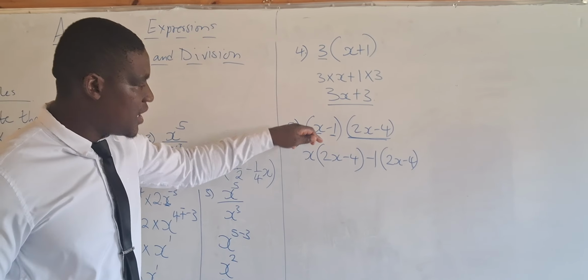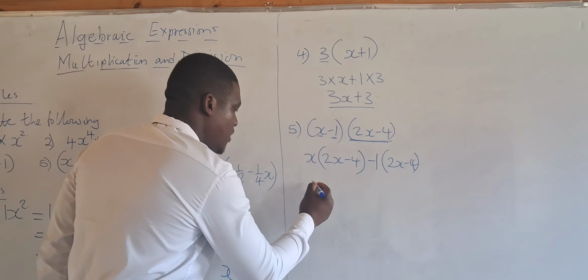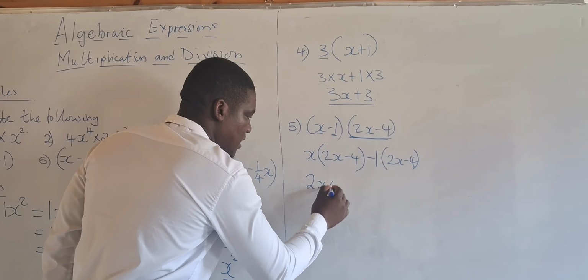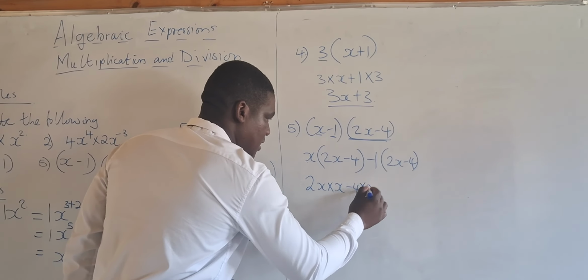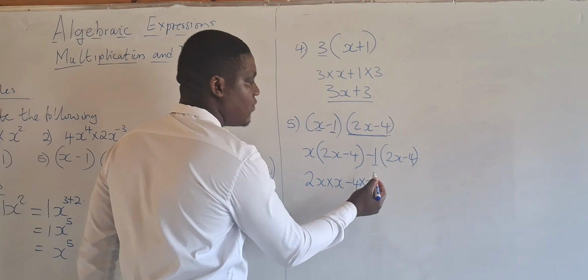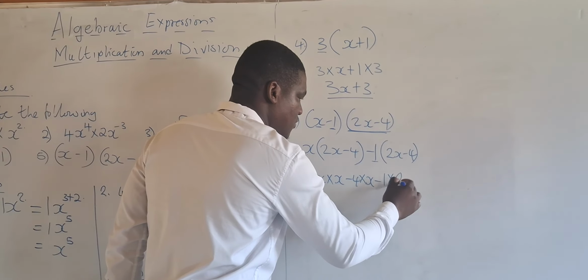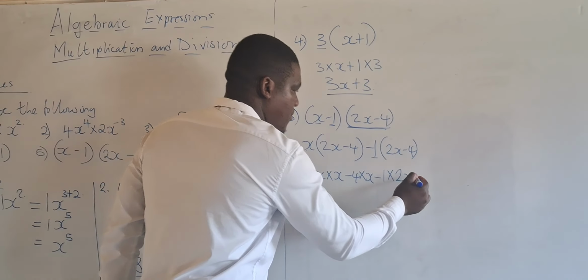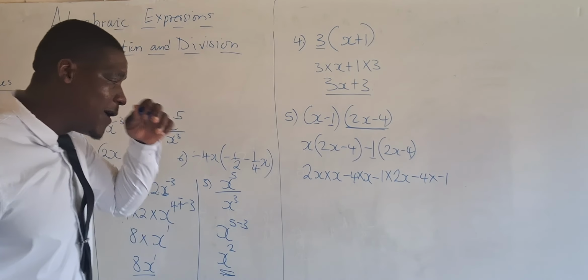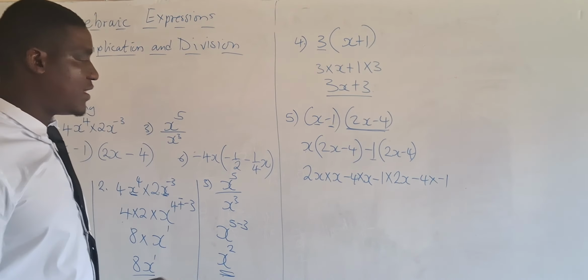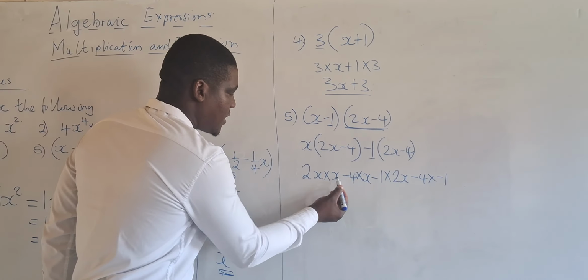This x multiplies this 2x, and this x multiplies this minus 4. We are saying 2x times x minus 4 times x, and this minus 1 will multiply again everything inside here. So minus 1 times 2x and minus 4 times minus 1. And then from here, we simplify further. We are saying 2x times x.